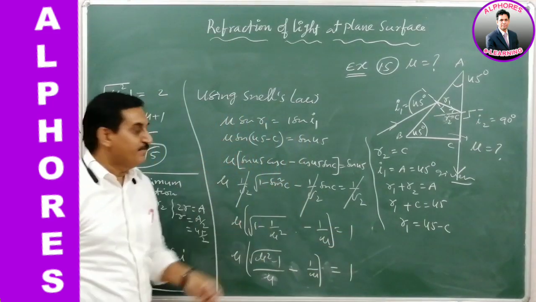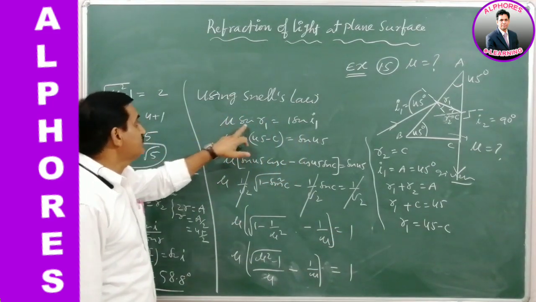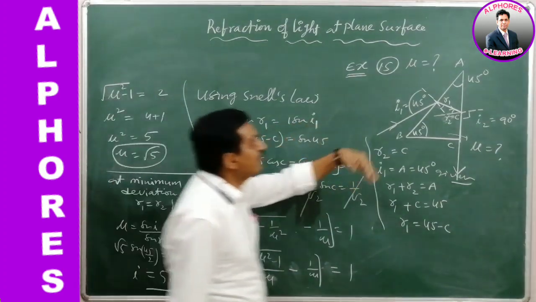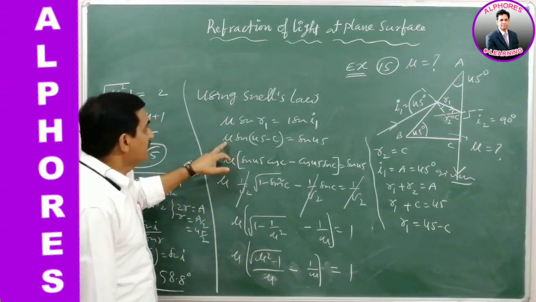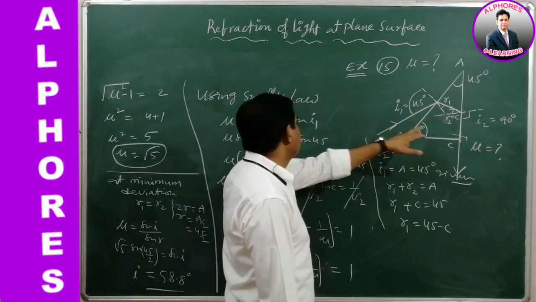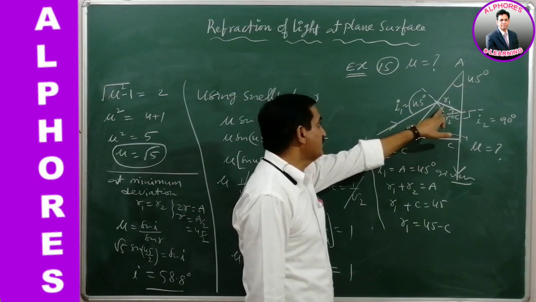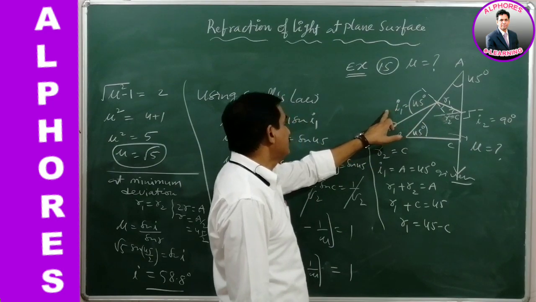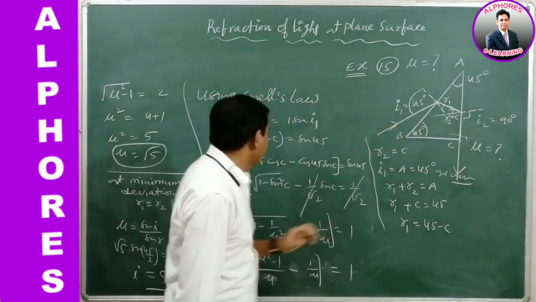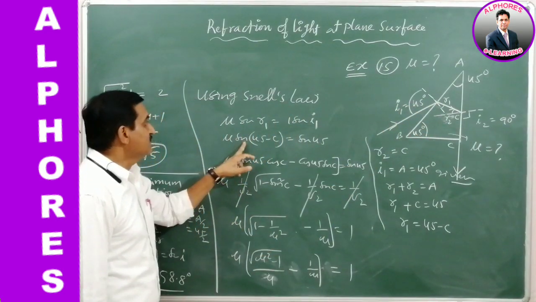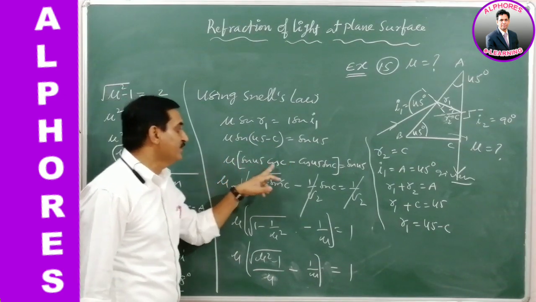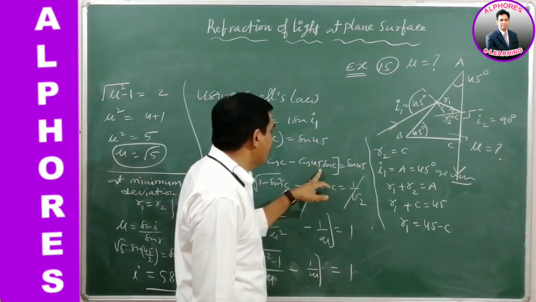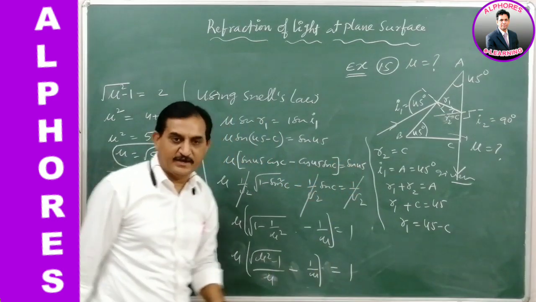Go for Snell's law. Using Snell's law, mu sin R1 is equal to 1 into sin i1, which is 45 degree. Therefore mu, expanding sin (A minus B), mu of sin 45 cos C minus cos 45 sin C is equal to sin 45.